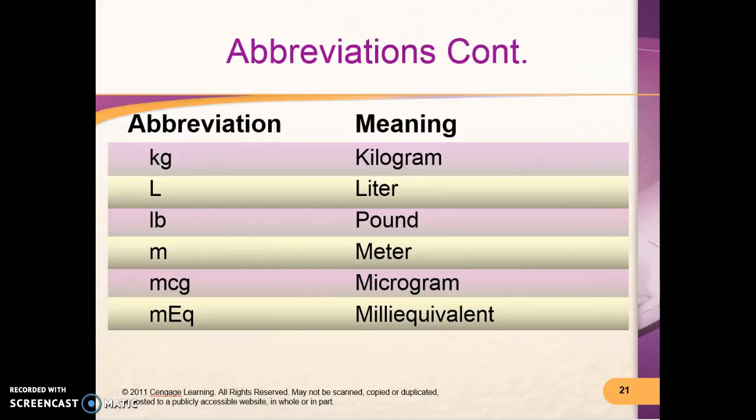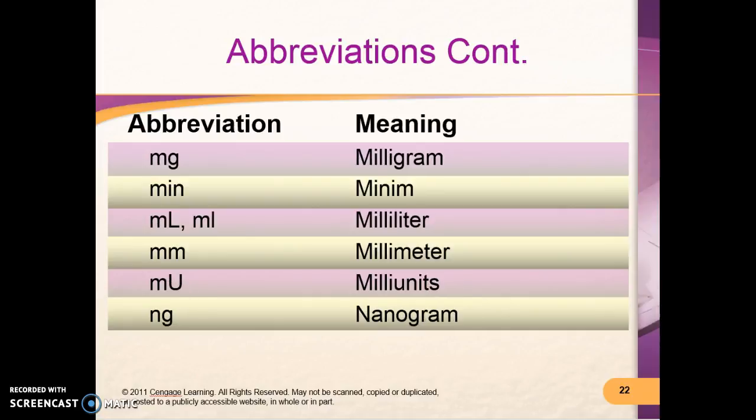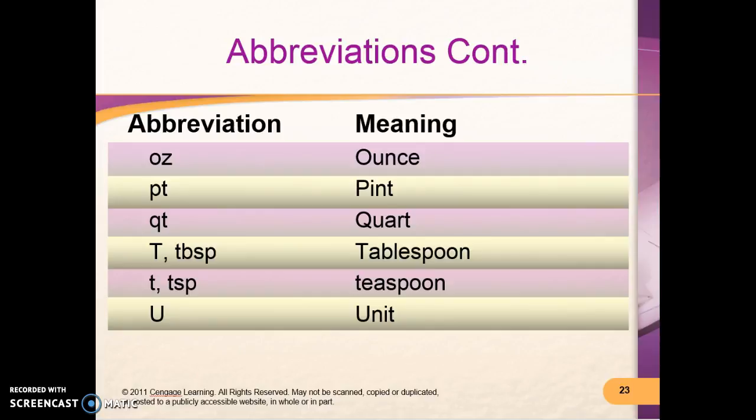MEQ is milliequivalent. So it's really important that not only are we familiar with these, but we're really careful when we write them. Here's a few others. MIN, minim, is also part of the apothecary system. Let's see, these are just some of them from the customary system.